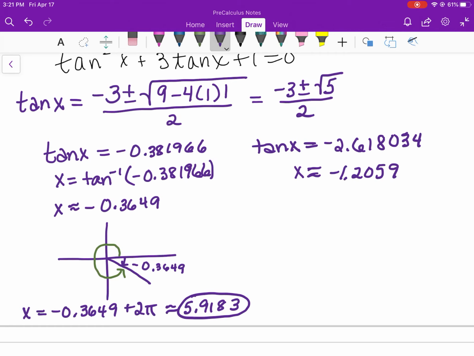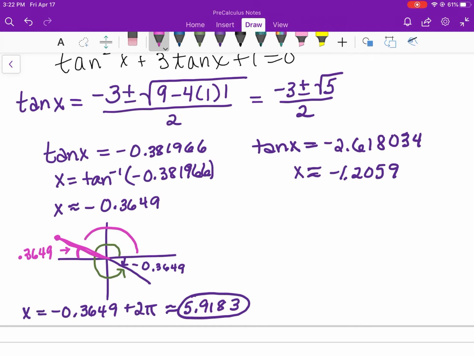Now you guys know that tangent is negative in this quadrant, as well as this quadrant here. So I have tangent showing up 180 apart. So I have another angle right here that has the same tangent. Well, you guys know about vertical angles from geometry. So this angle is also 0.3649.